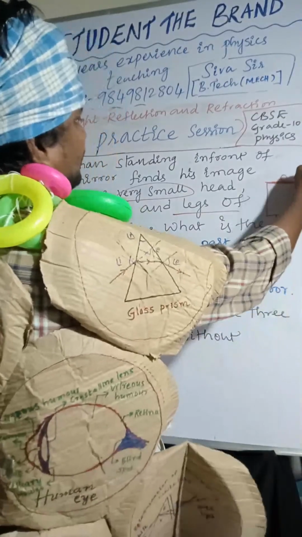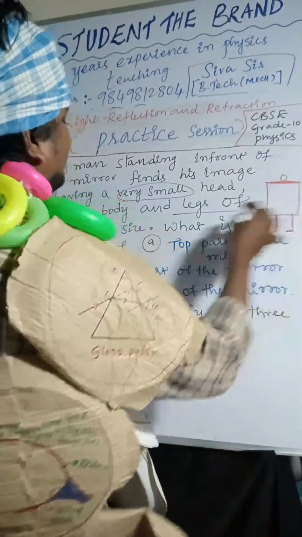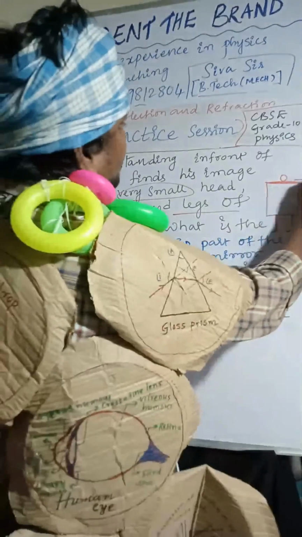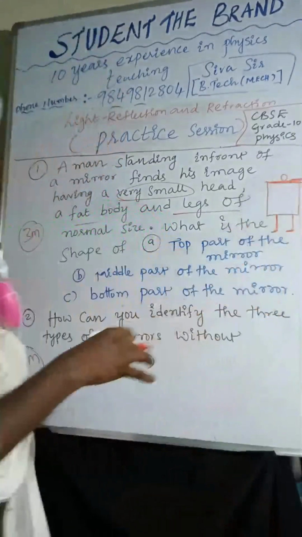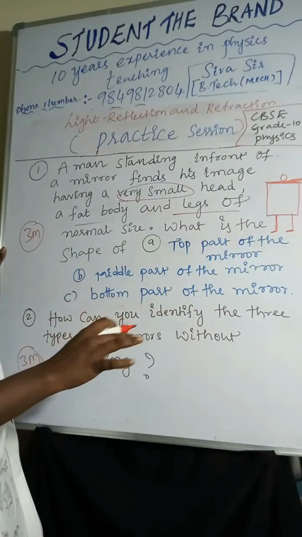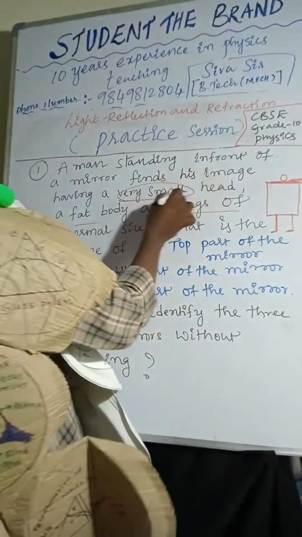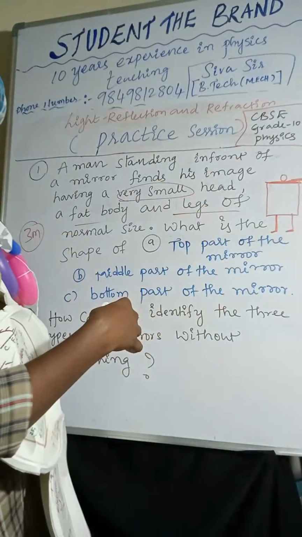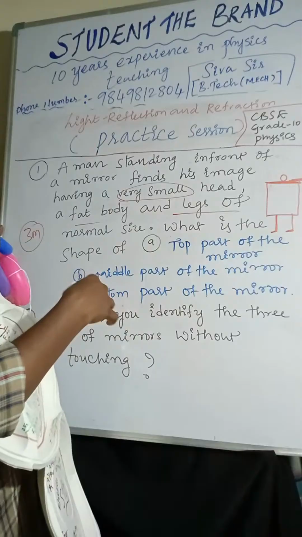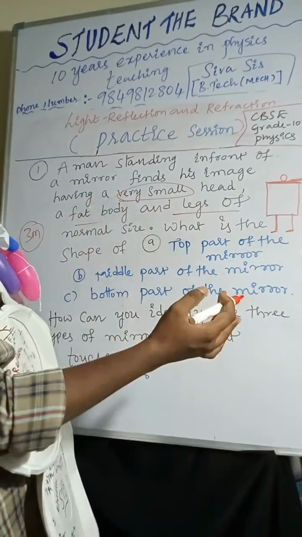So what is the mirror? The top portion, the small head, is a convex mirror, because a convex mirror always forms a virtual, erect and diminished image.